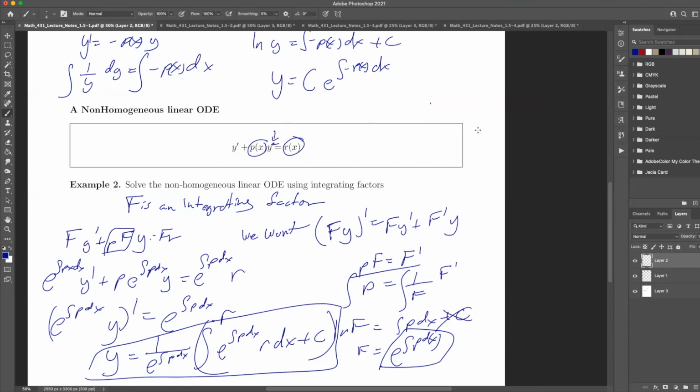If this is y squared, it's not linear, and you cannot use this method. If this is a function of x and y, you cannot do this. However, these non-homogeneous equations come up all the time. So even though it's kind of a niche, it's a very common one.